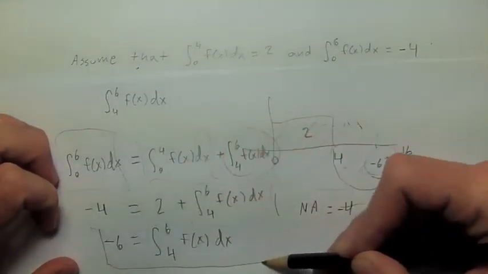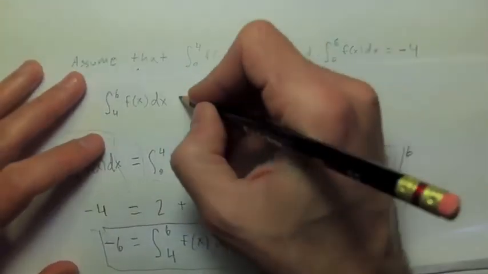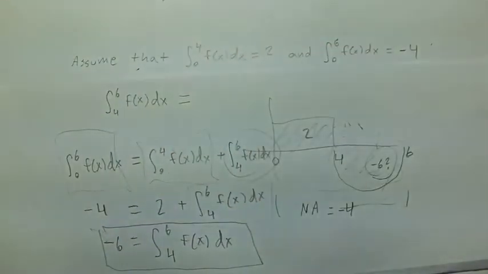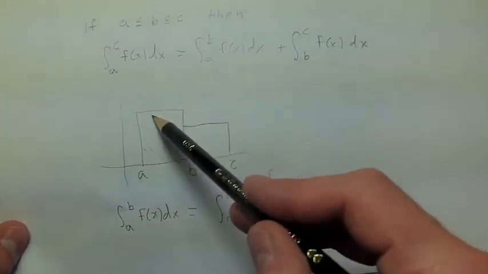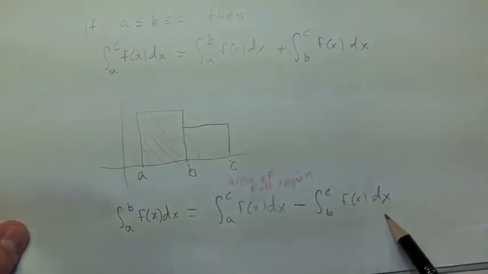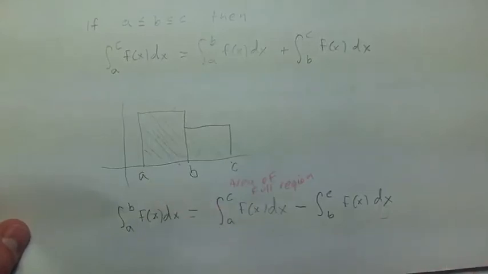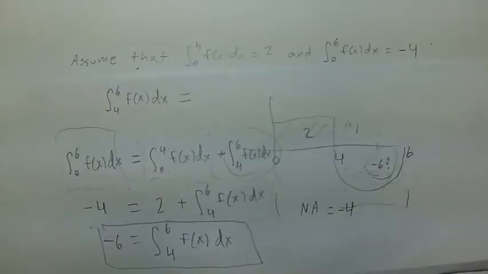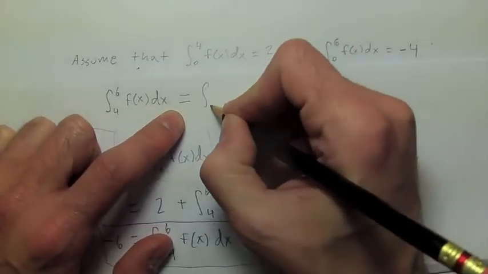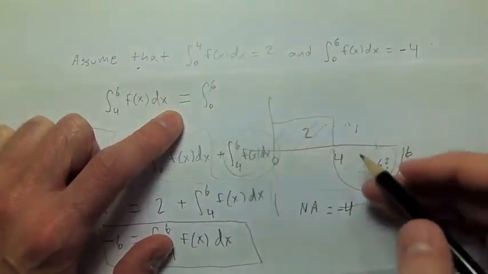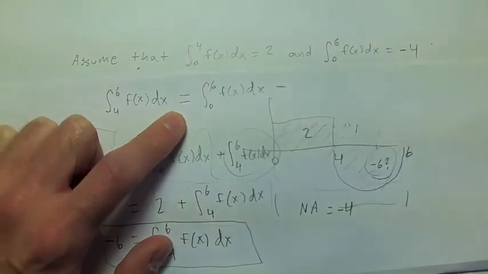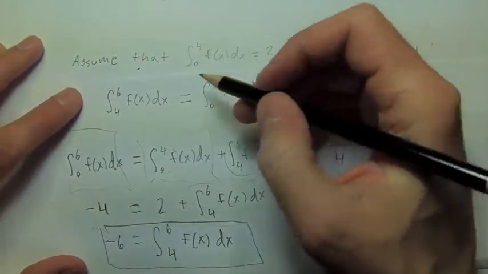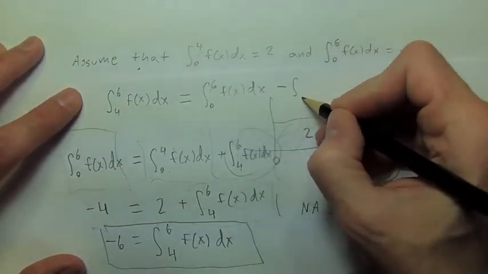So basically this integral is -6. That's the answer. Now another way you can do this is the other part of this rule: the full integral minus one of your pieces is equal to the other piece. So the full integral, 0 to 6, the one that covers everything, of f of x dx, minus the integral from 0 to 4.